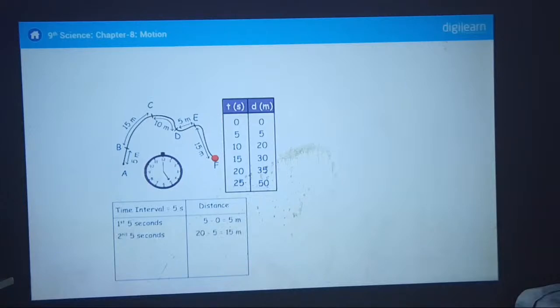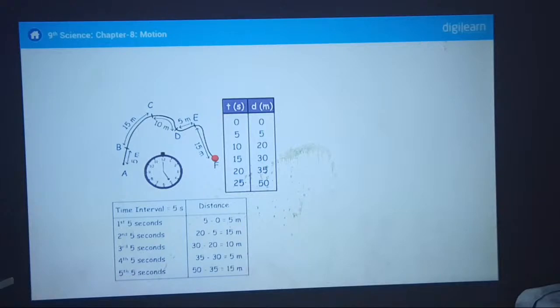Second 5 seconds, 20 minus 5 equals 15 meters. Third 5 seconds, 30 minus 20 is equal to 10 meters. Fourth 5 seconds, 35 minus 30 is equal to 5 meters. Fifth 5 seconds, 50 minus 35 is equal to 15 meters.